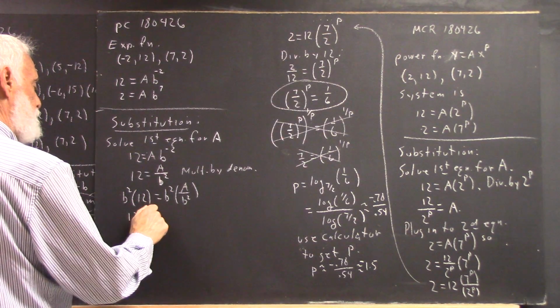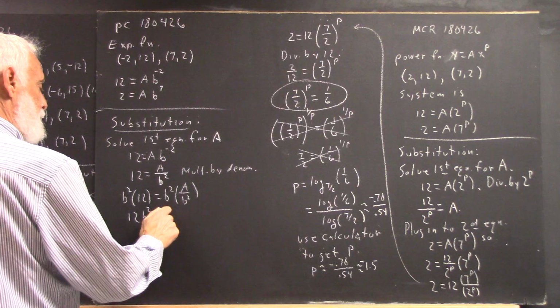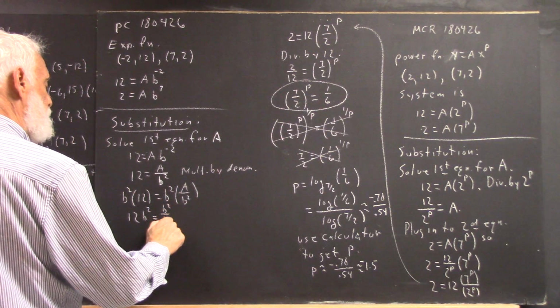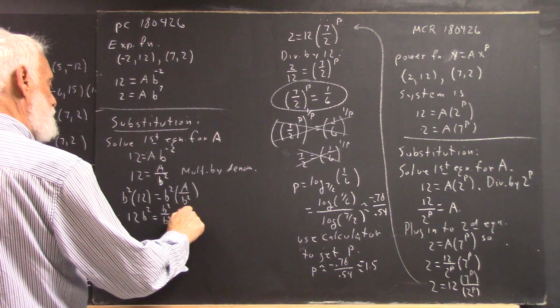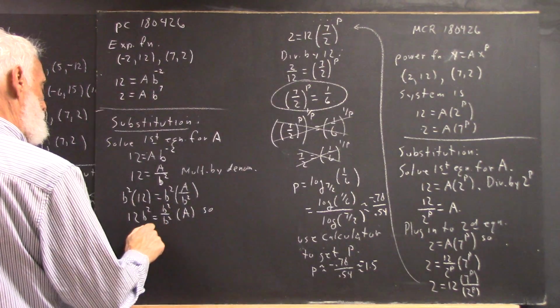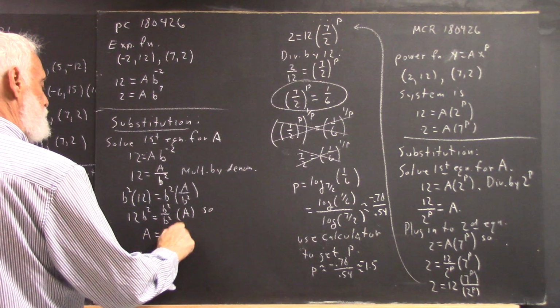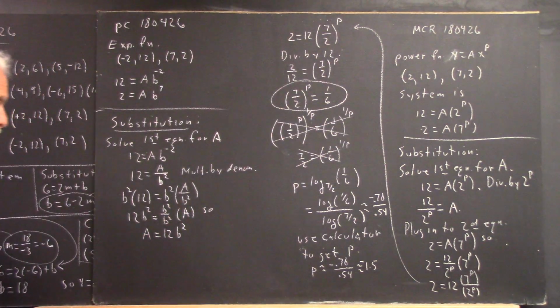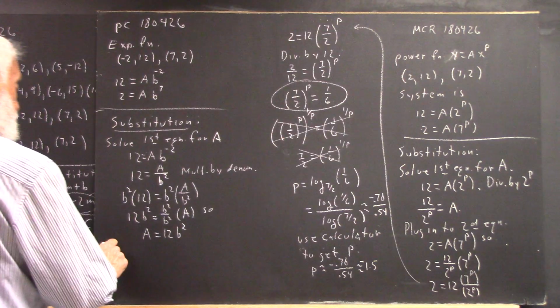And we get 12b squared equals b squared over b squared times A. So A equals 12b squared. Okay? Now substitute that into the second.